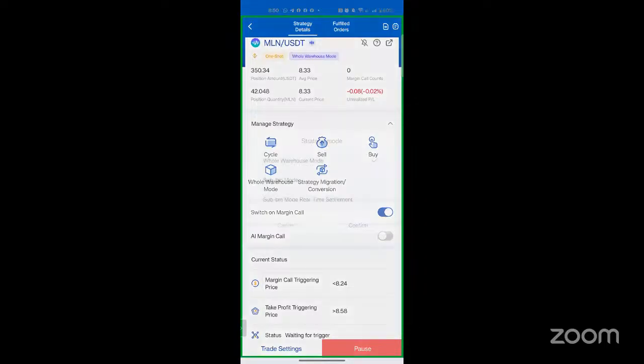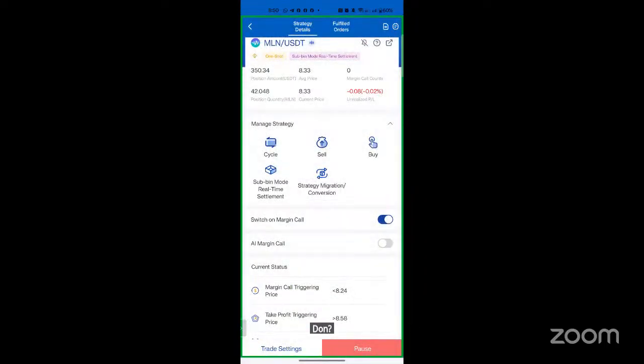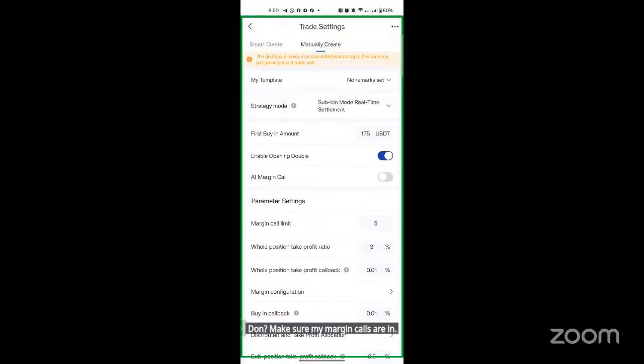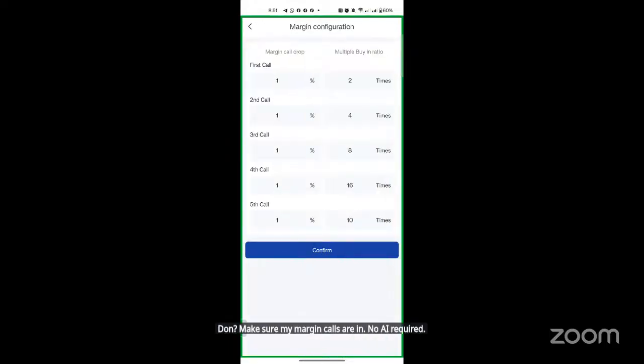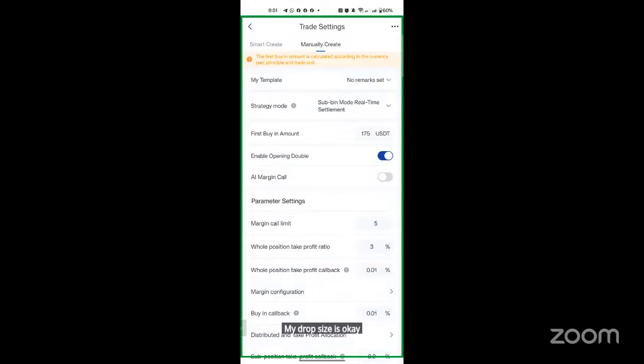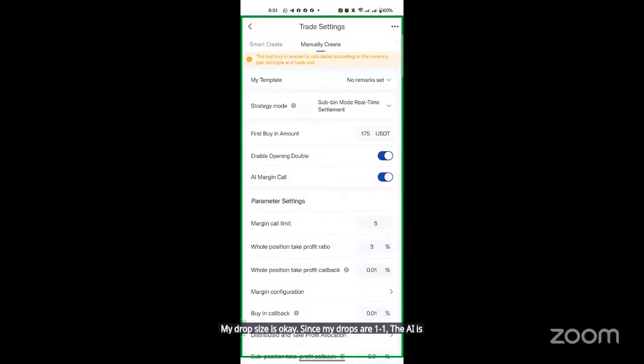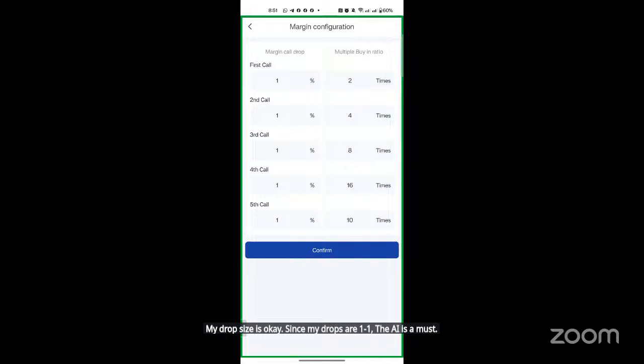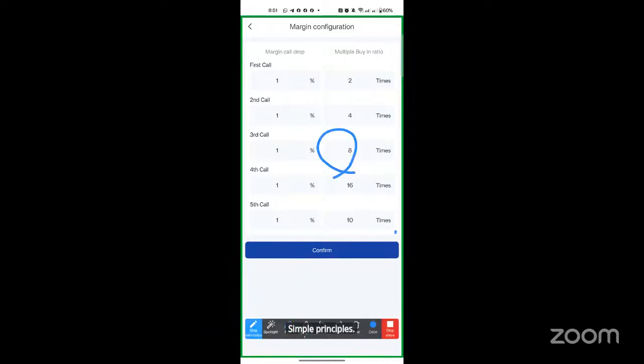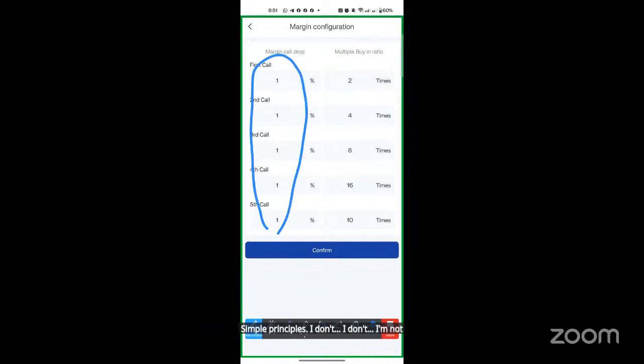Done. Make sure my margin calls are in. My drop size is okay. Since my drops are small, the AI is a must. Simple principles. I'm not a guy of big drops, but since my drops are small, the AI is a must to protect my remaining balance.